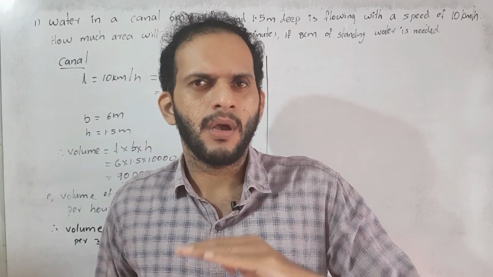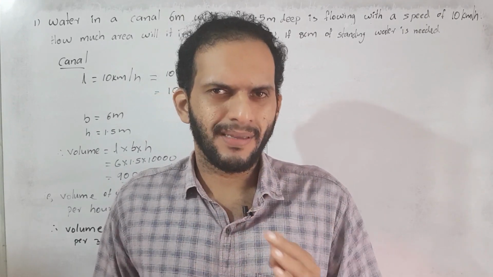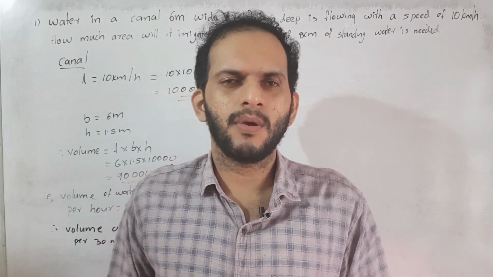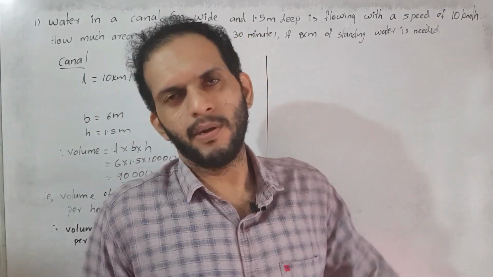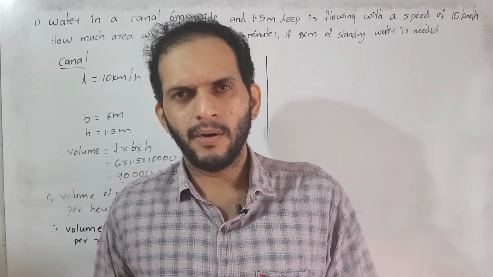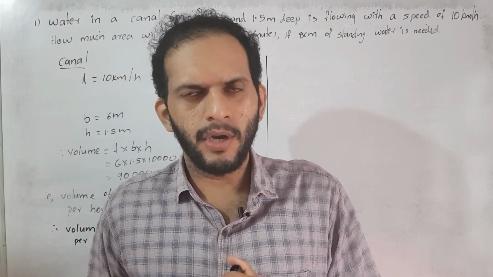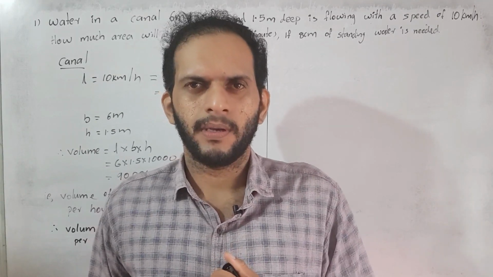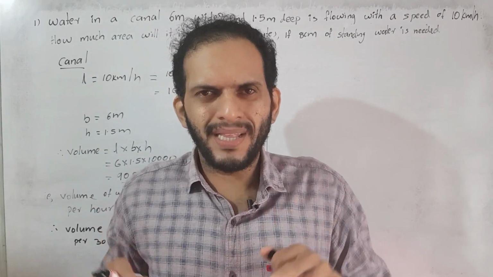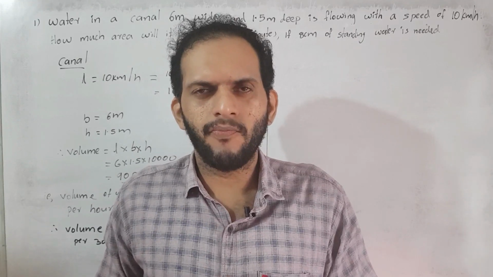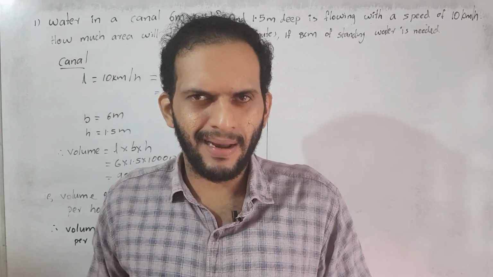That time the height of the cuboid is equal to 8 centimeter. Correct. But here we don't know the length of the field, we don't know the breadth of the field. But we know the shape of the field.